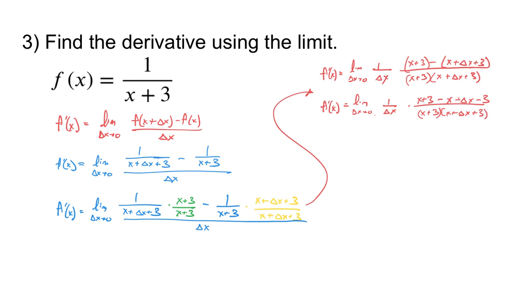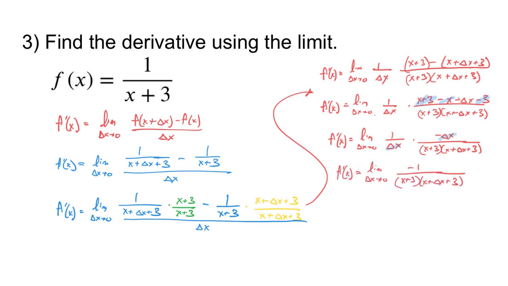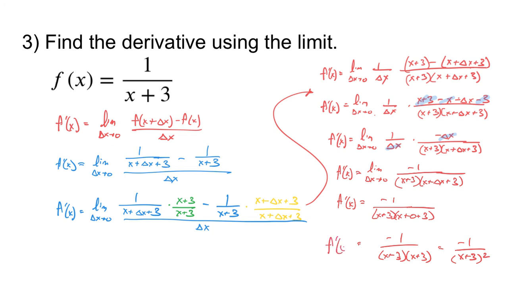But more importantly, you will see that this x and the minus x cancel out, and that plus 3 and that minus 3 cancel each other out. And then what am I left with? I'm left with a delta x on the top and a delta x on the bottom of the fraction, which again will cancel out. Now I can apply my limit by replacing the delta x with a 0. And I end up with a final answer of negative 1 over x plus 3, that quantity squared. That's my derivative of 1 over x plus 3.